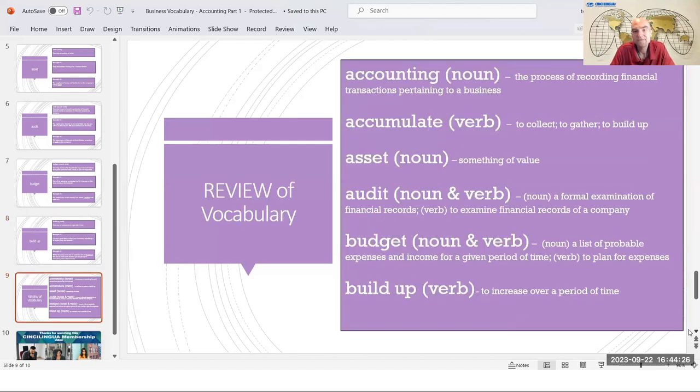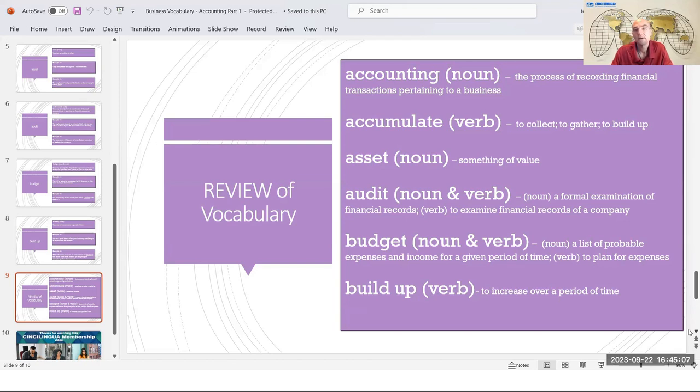Okay, well, we have gone through 6 vocabulary words in this lesson video, and the first word that we looked at was a noun, and that noun was accounting, and it refers to this process of recording and reporting transactions pertaining to a business.